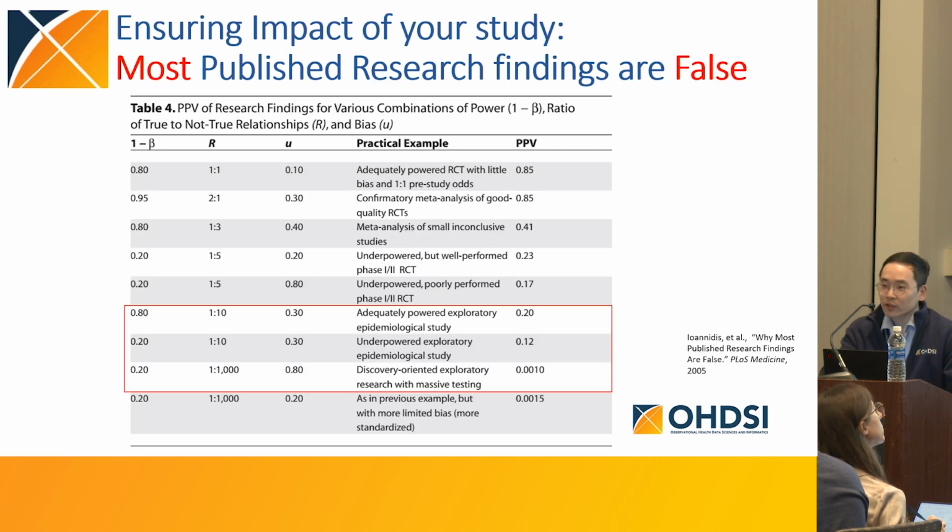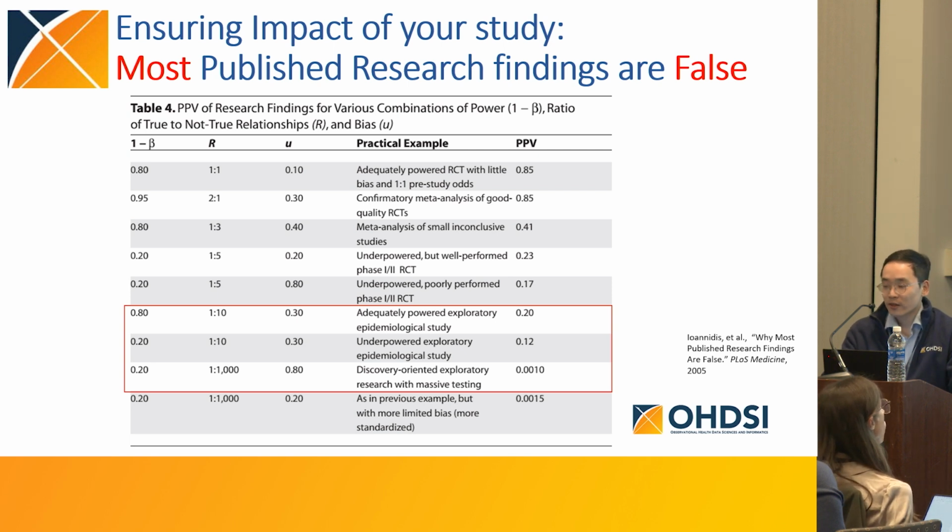So why do you need to ensure the impact of your study? Because most published research findings are false. According to Ioannidis, for discovery-oriented explanatory research with massive testing, the possibility of being really true is 1 in 1,000.